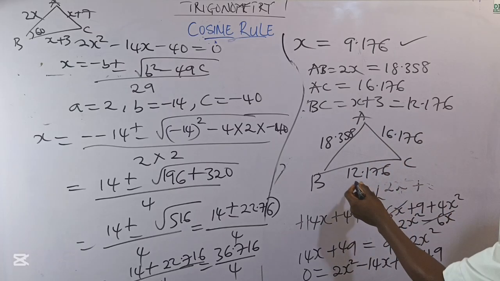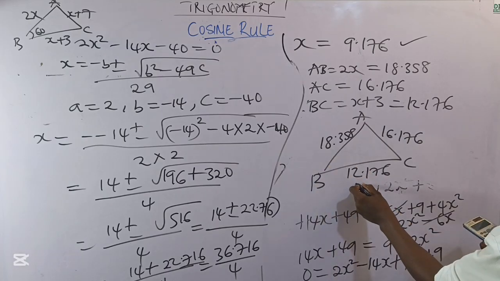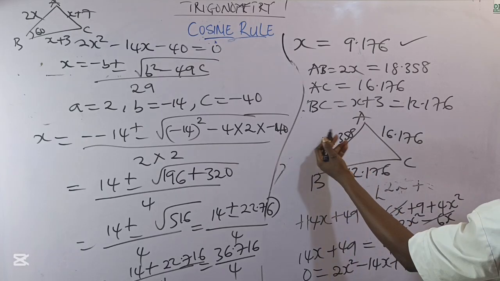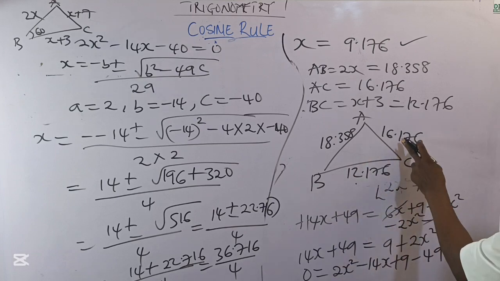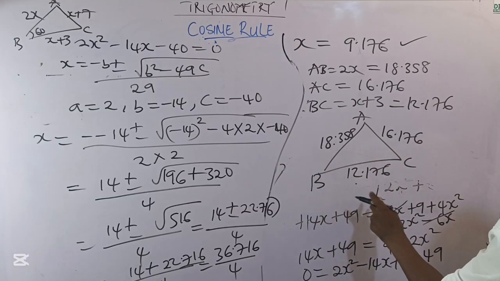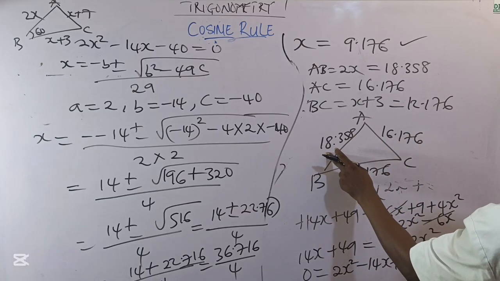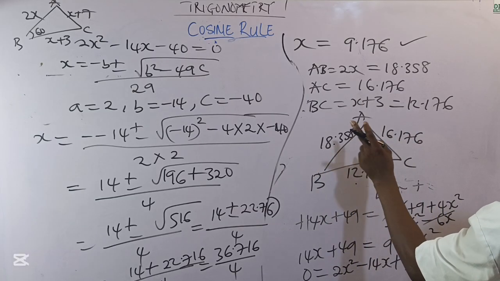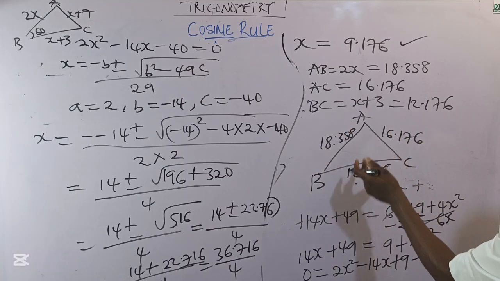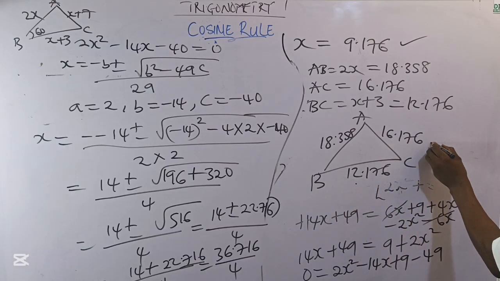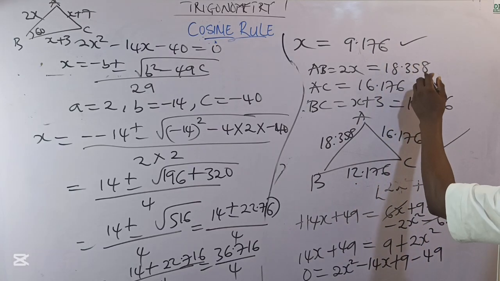Now if you check, the sum of these two should give you, I think, 30 point something, which is greater than 16.176. And the sum of this will give you 28 point something, which is greater than 18. And also the sum of this and this will give you 34 point something, and it's greater than this. So the solution for x here is absolutely correct.